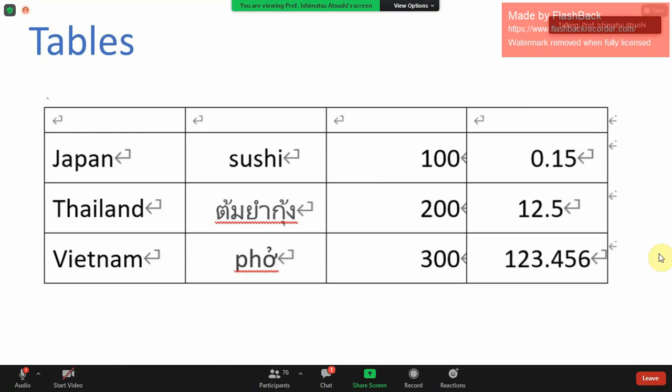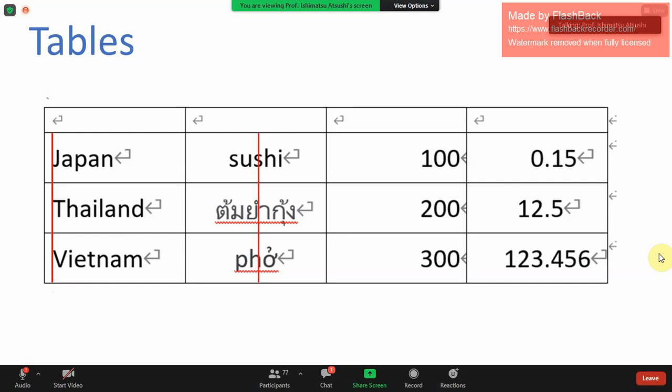This is one example table. So in the leftmost column, I put the names of countries as an example. So flush left means this, flush left, okay? And items in the second left one, sushi, I cannot read this Thai. These are centered, centralized, okay, centralized.